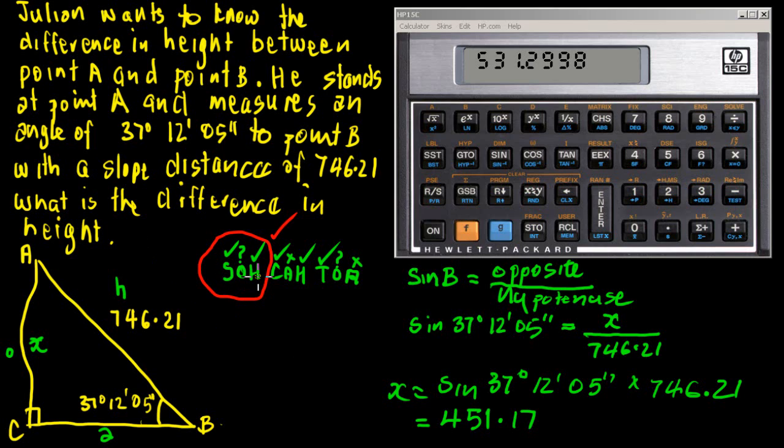So sine opposite over hypotenuse, cosine adjacent over hypotenuse, and tan opposite over adjacent. So here we have the hypotenuse. Here's the angle that we've identified. The side opposite the angle is actually x, the one we find, and the side adjacent to it is here. We don't know that, and we know the hypotenuse.